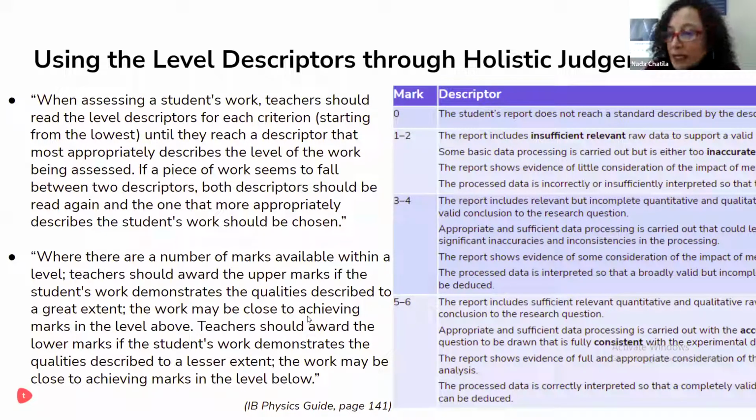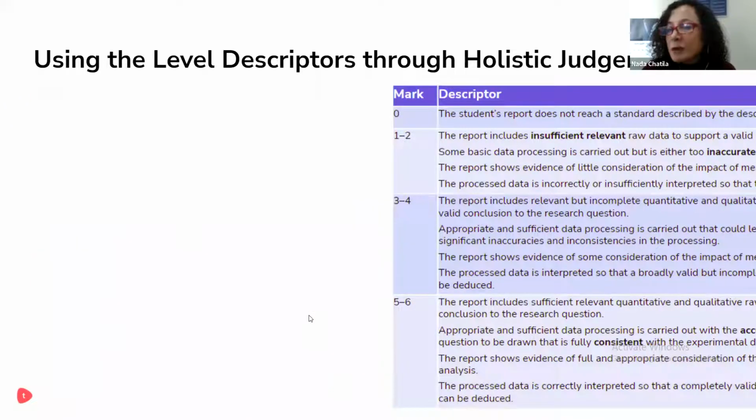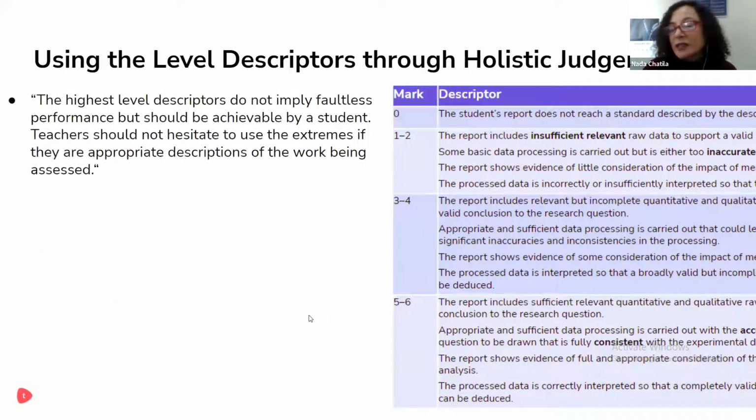One very important point that teachers often miss is that the highest level descriptor, the 6, is not meant for perfect, faultless work. No, again, we go back to the descriptors being met to a great extent.